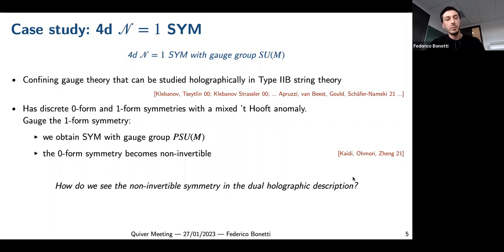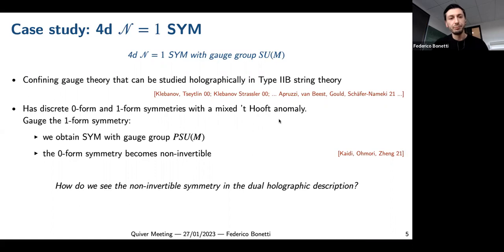One of the reasons why this is interesting and feasible is because it admits a holographic description within type IIB string theory. It's not quite the most standard application of the AdS/CFT dictionary. Indeed, it is not a CFT, but there is still a lot that we can do holographically.